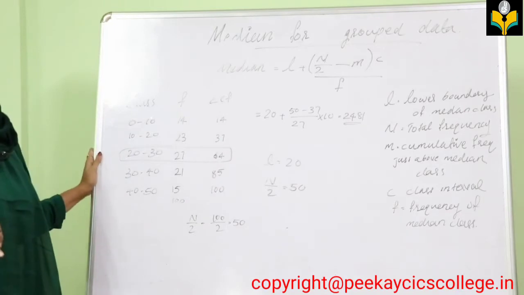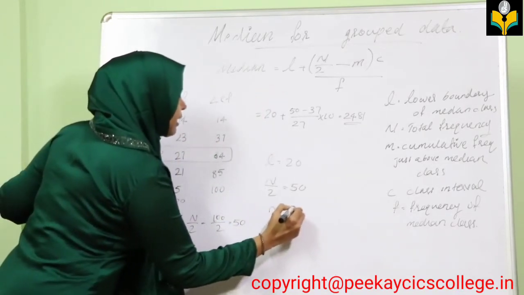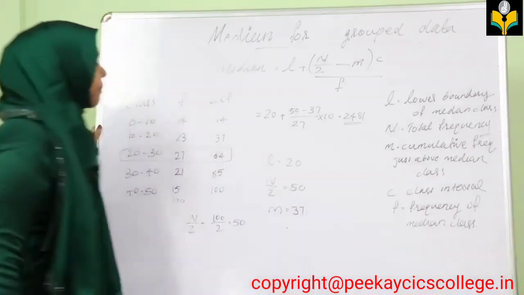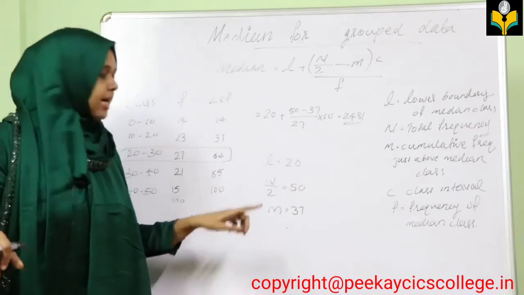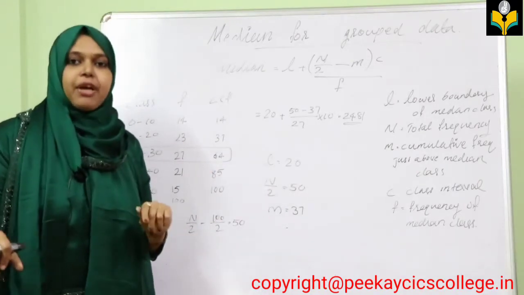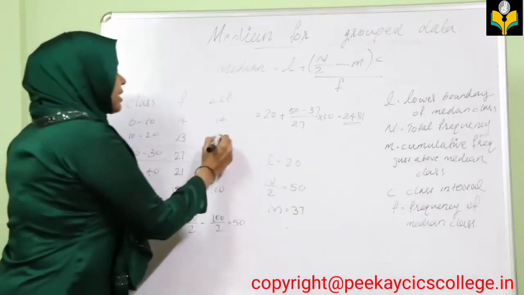So remember, M is not the cumulative frequency of the median class; it is the cumulative frequency just above it, that is 37.